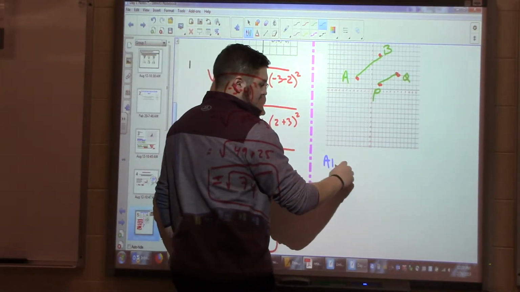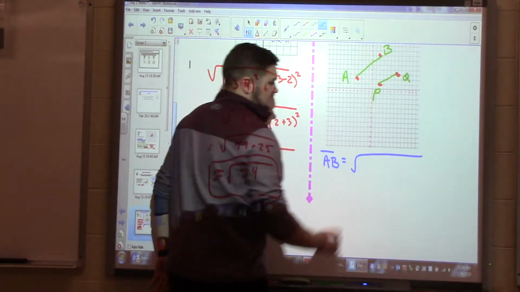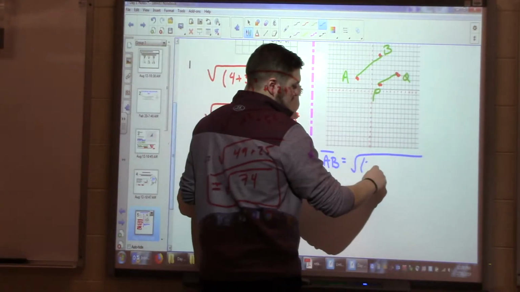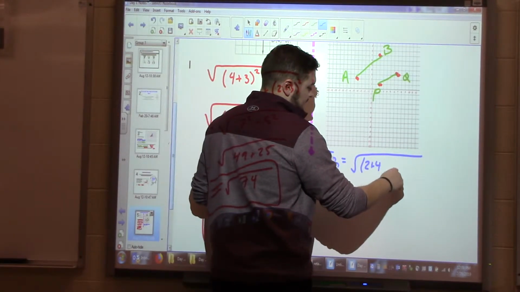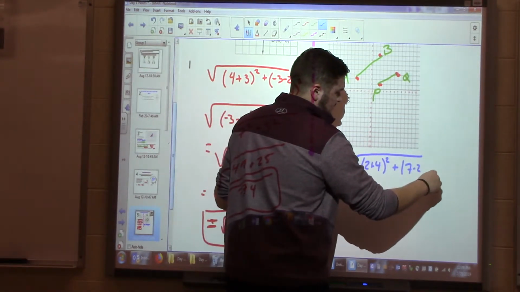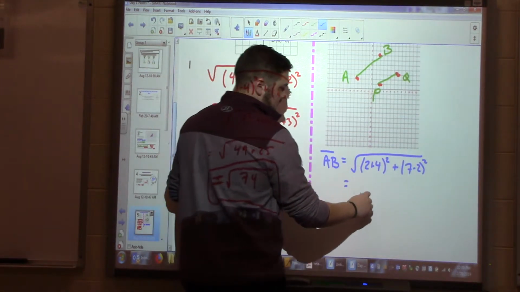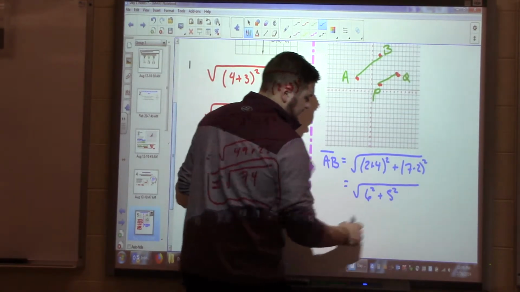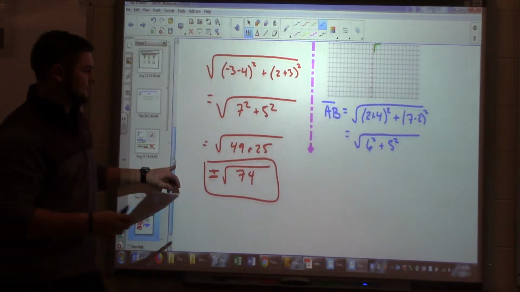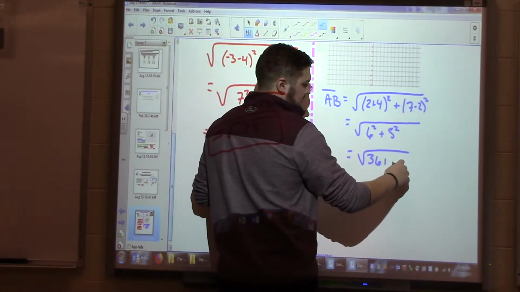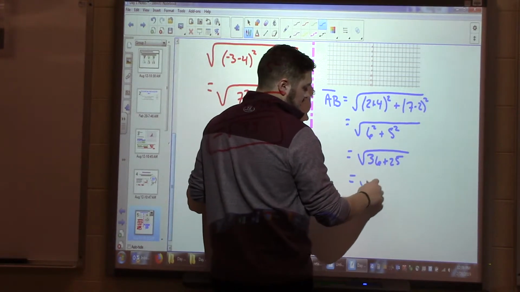So the distance for AB, the square root, 2 minus negative 4 plus 4 squared plus 7 minus 2 squared. So square root of 6 squared plus 5 squared. So we have the square root of 36 plus 25, which is square root of 51.